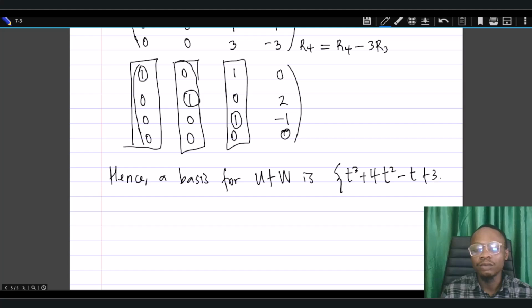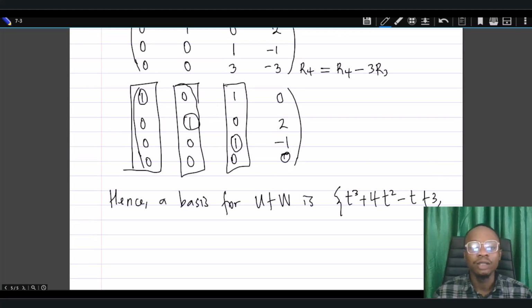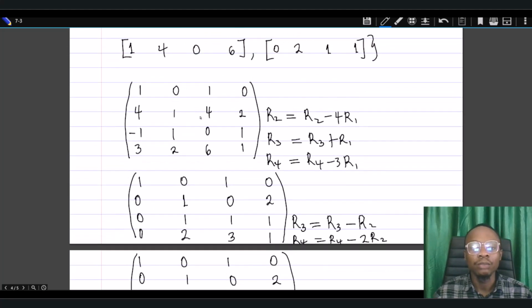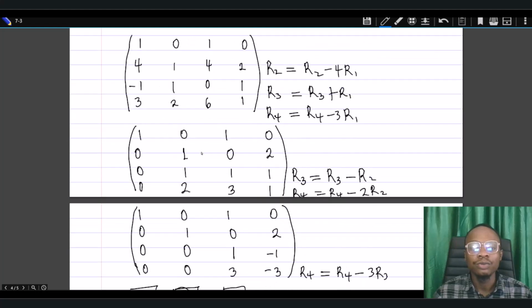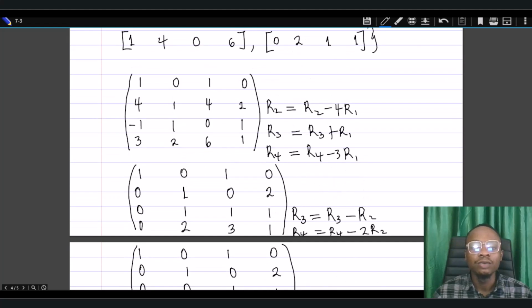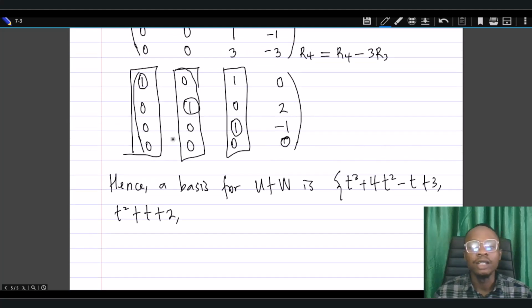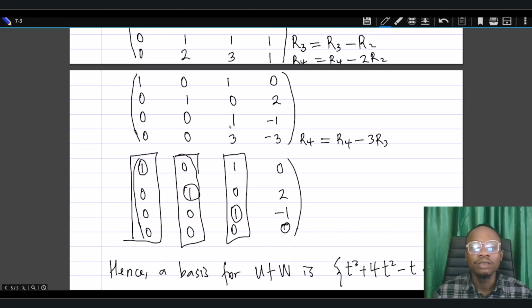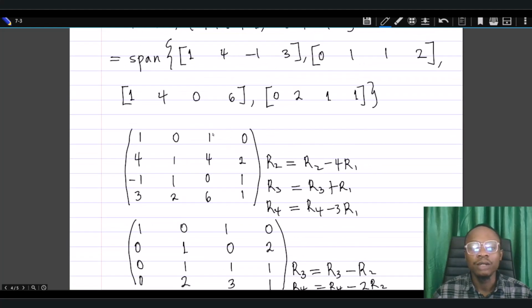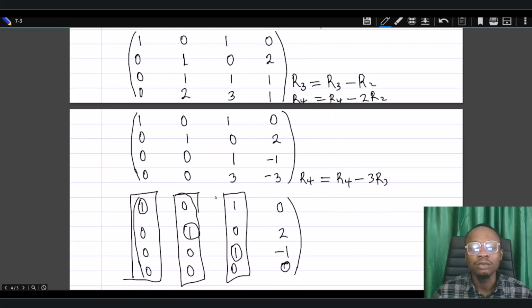Then the next one, the vector in the second column, is 0 1 1 2. That will be 0 t cubed plus t squared plus t plus 2. So that is t squared plus t plus 2. Then the vector corresponding to the third column. Here we have 1 4 0 6. That is t cubed plus 4t squared plus 6.